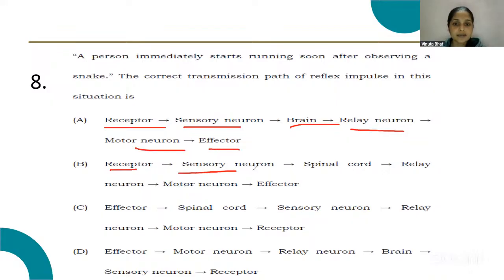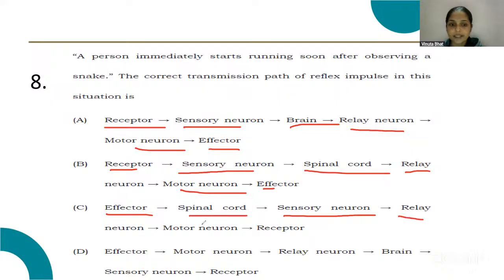Option B, receptor, sensory neuron, spinal cord, relay neuron, motor neuron, and the effector. Option C, effector, spinal cord, sensory neuron, relay neuron, motor neuron, receptor. Option D, effector, motor neuron, relay neuron, brain, sensory neuron, and the receptor.